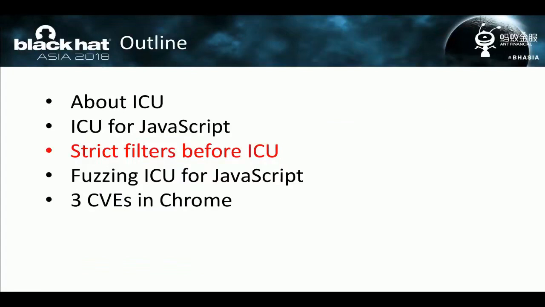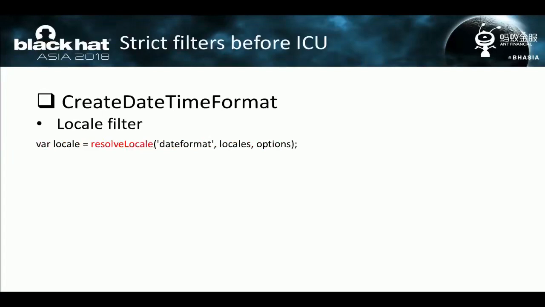The next part, I will introduce the strict filters before ICU in V8, which protect ICU from being attacked from JavaScript. When creating a DateTimeFormat, we pass 2 arguments to the constructor, locales and options. So the first filter is for the locales.